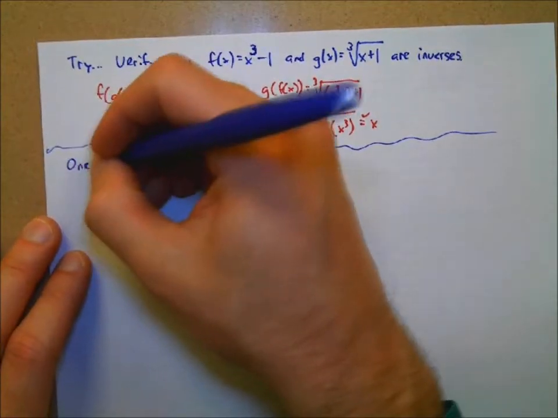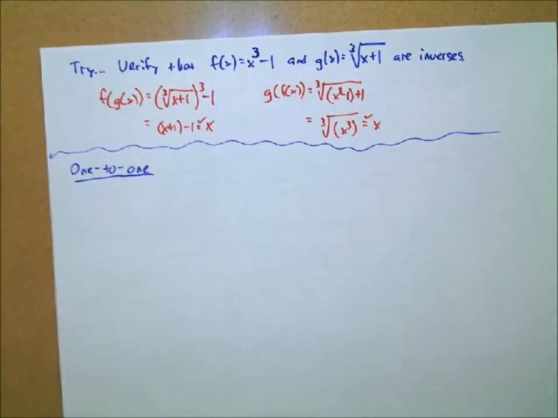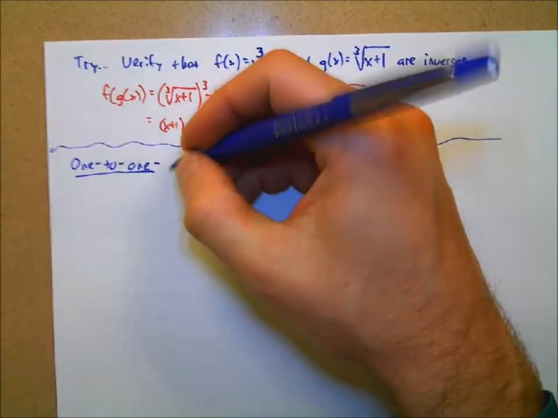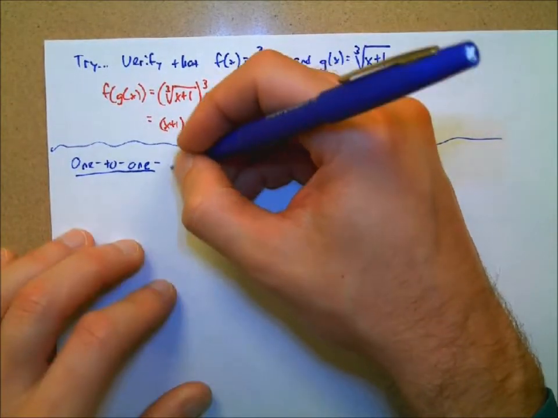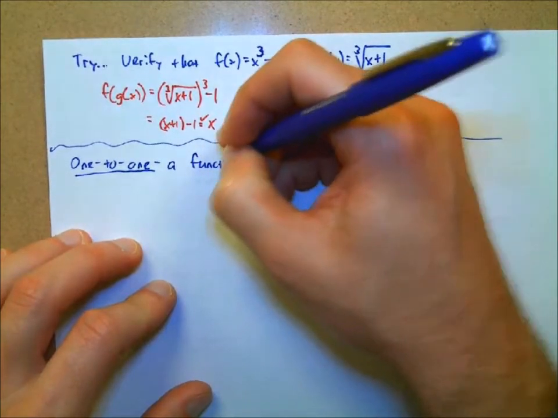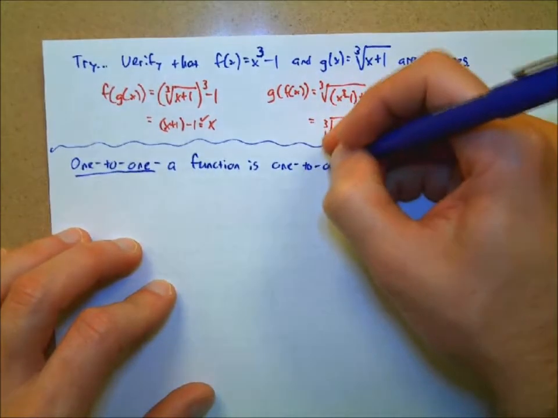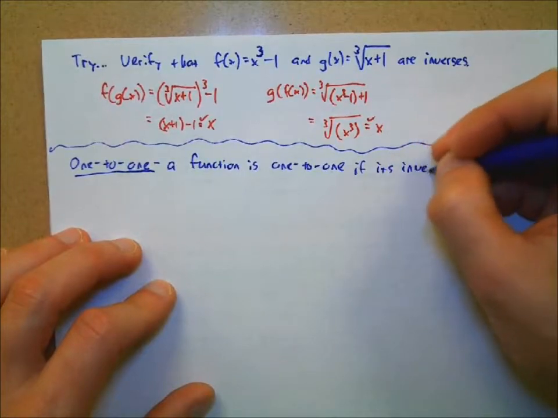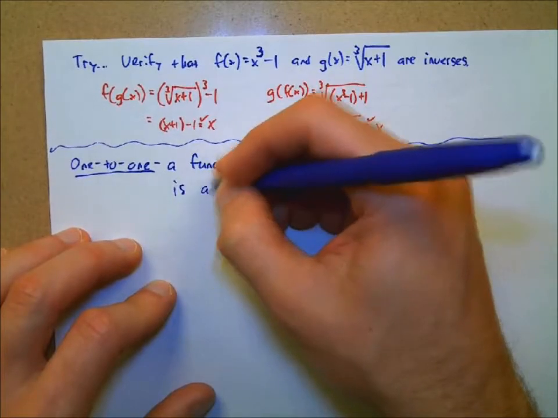All right. One more idea here I want to throw at you. It's this concept in math called one-to-one. A function is called one-to-one, or a function is described as being one-to-one, if its inverse is also a function.